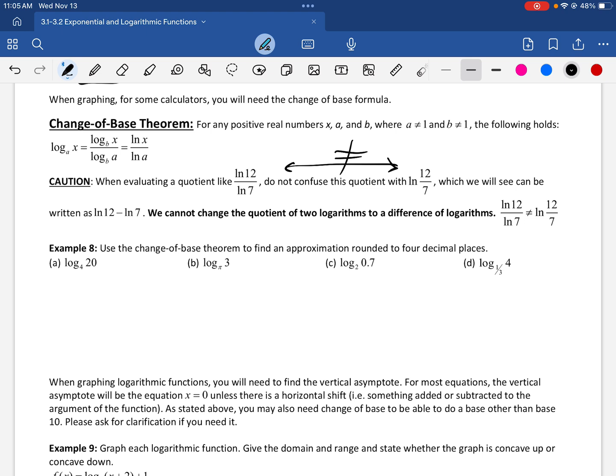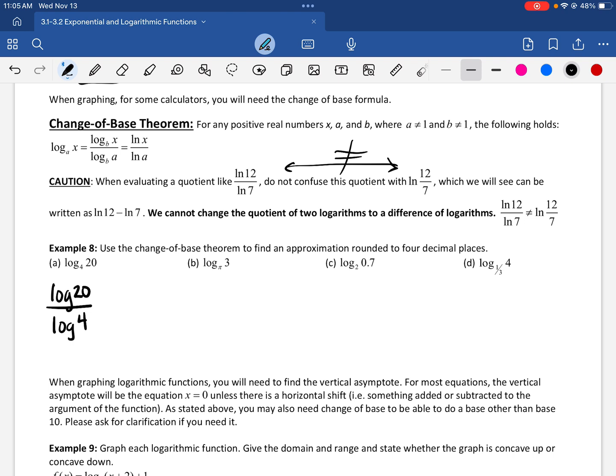All right, so doing a couple of these, use the change of base theorem to find the approximation rounded to 4 decimal places. We have log base 4 of 20. Based on the rule, it says log of x divided by log of a. So log of x, 20, is in the same place as x, divided by log of a, 4 is in the same place as a.